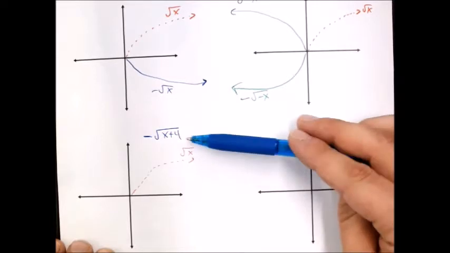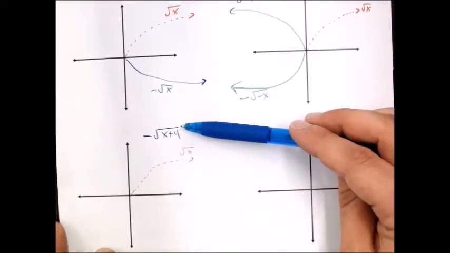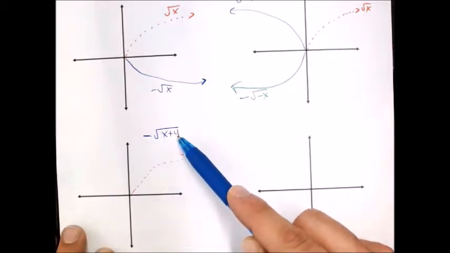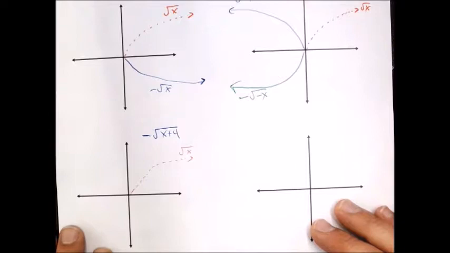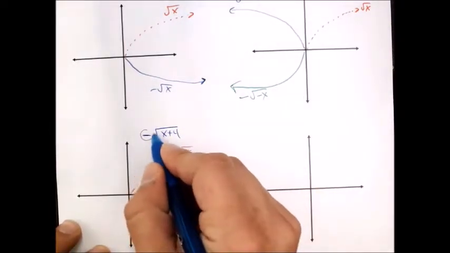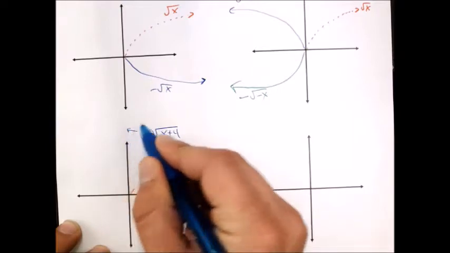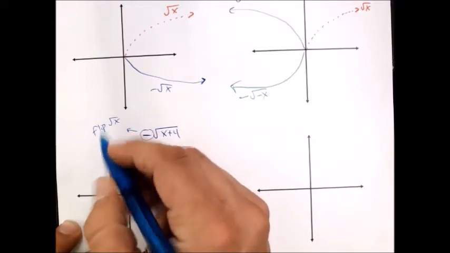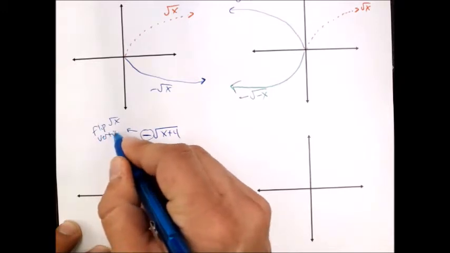We're starting with the square root, but we have a negative 1 on the outside of the square root and a plus 4 on the inside. Looking at this page, the negative 1 on the outside flips it vertically, so that's going to flip square root of x vertically around the x-axis.